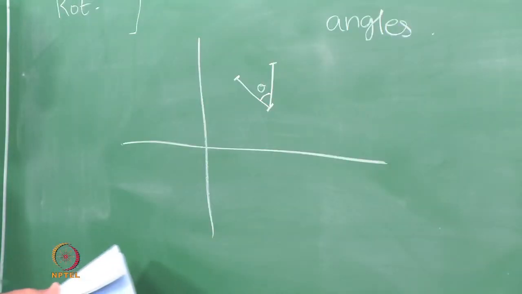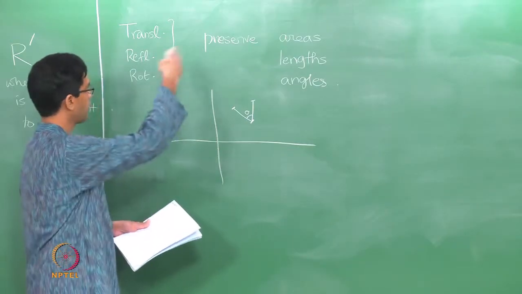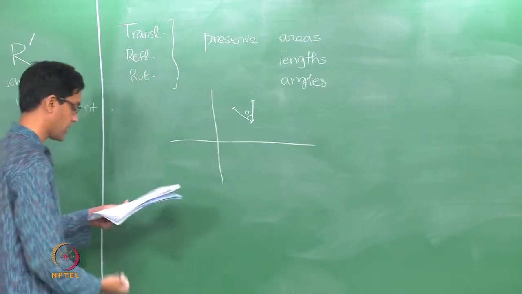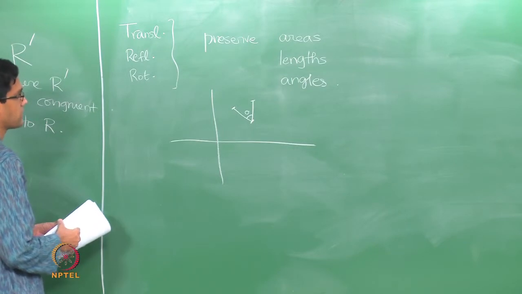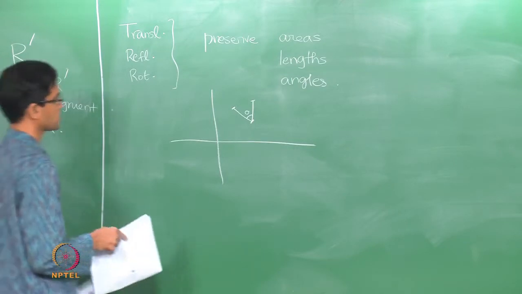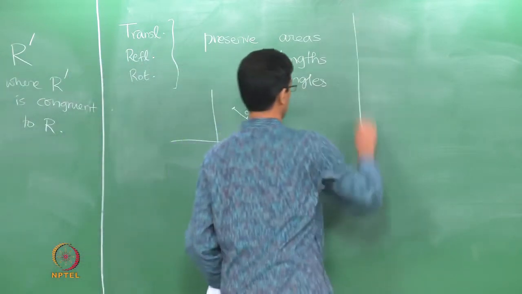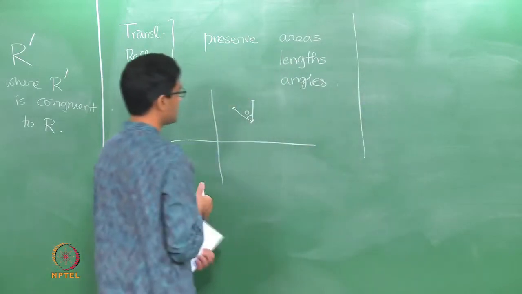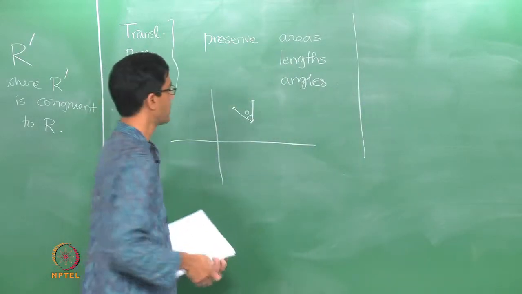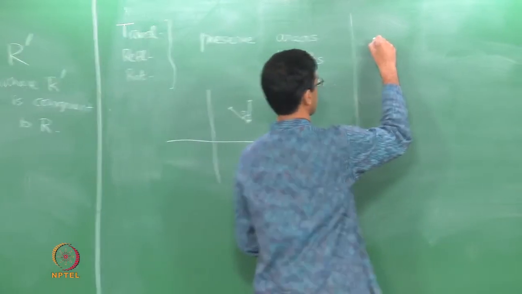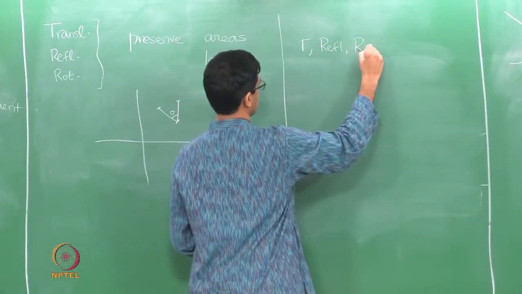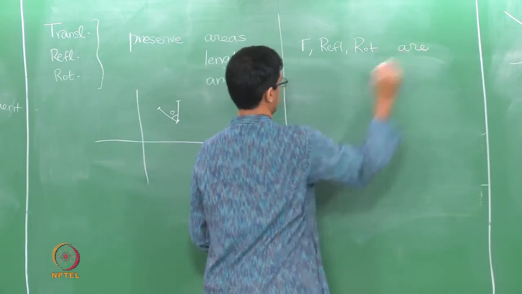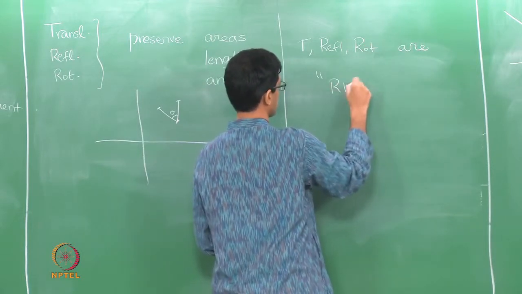So this property of translations, reflections and rotations is sometimes encapsulated by saying that these are all rigid motions. Because they do not change either lengths or angles, we often say that translations, reflections and rotations are rigid motions of the plane.